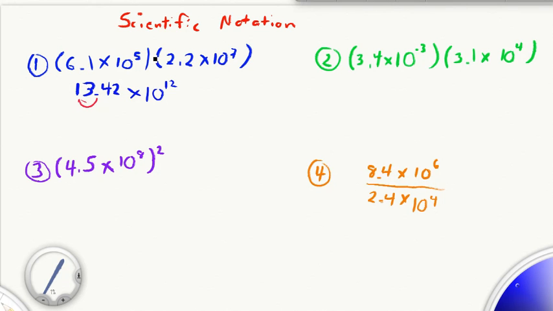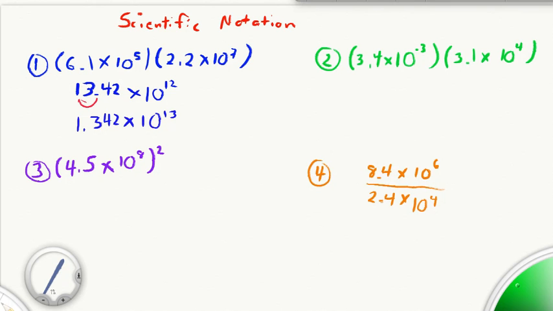And so the way we do that is we're going to write 1.342 times 10, and when we move it this way 1, we're going to go ahead and add 1. So this is going to be 10 to the 13th instead of 10 to the 12th. Okay? So this would be our final answer, 1.342 times 10 to the 13th.